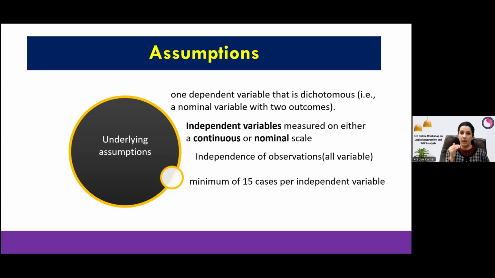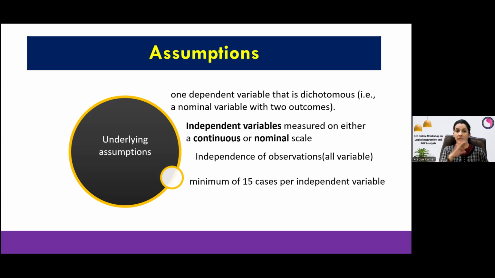So the outcome should have at least 15 outcomes per independent variable. If I want to take 5 independent variables in my model, there should be at least 75 outcomes, not the total sample. Don't get confused by the total sample. There should be 75 outcomes.